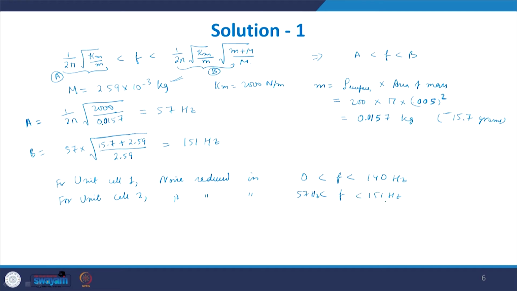Now, because they are connected in series, for series connection, you will simply combine the two frequency ranges.